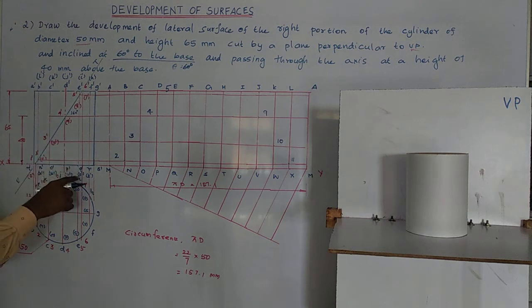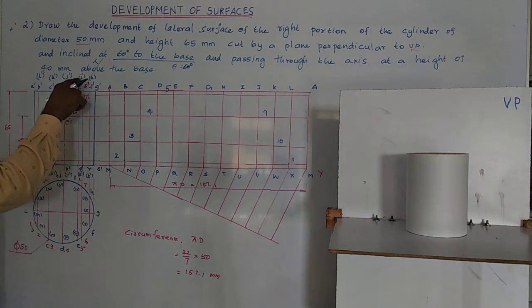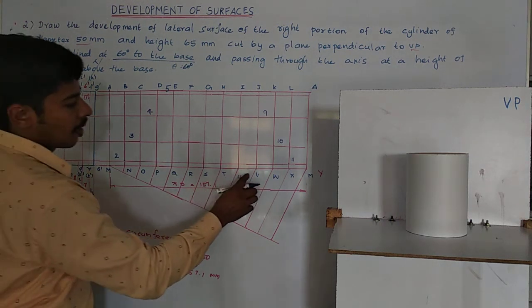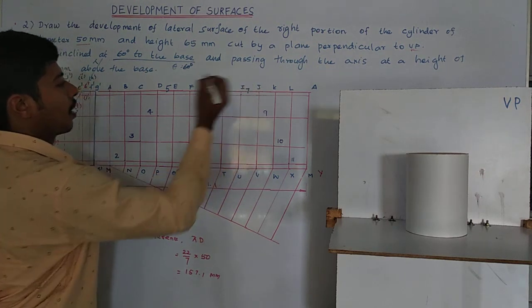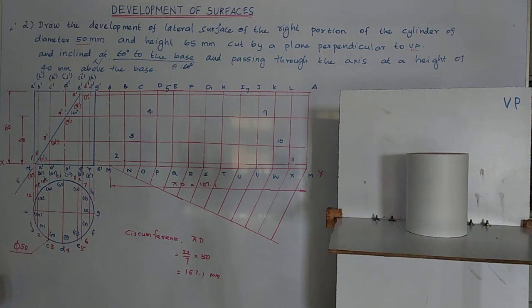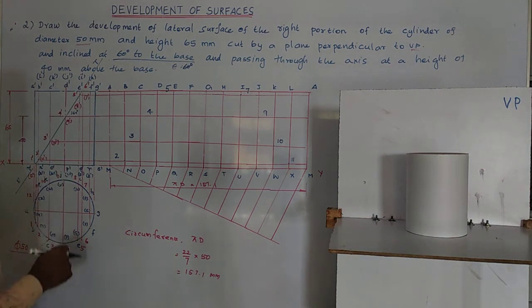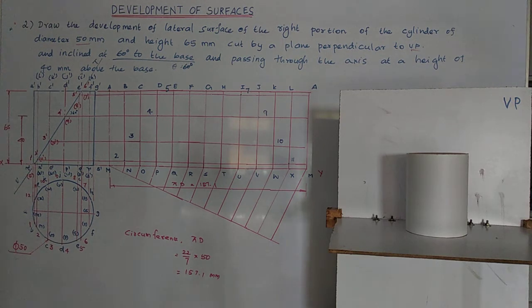And 7 is in U, I. So this point is 7. Okay. Then remaining is 6.